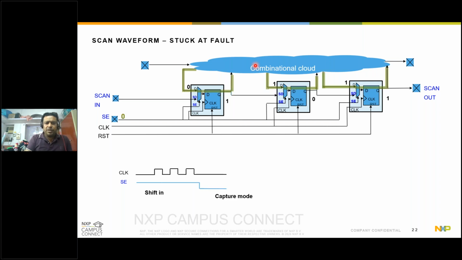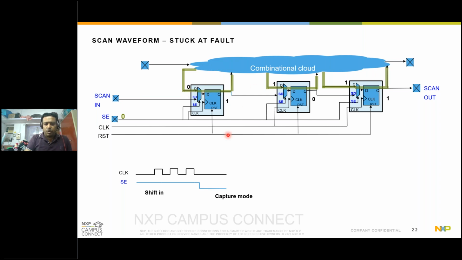The next step is to capture the response coming out from this combinational cloud. So I go into capture mode, where I deassert the scan enable to 0. Now you can see the response coming out from this combinational cloud; this path is getting activated here.